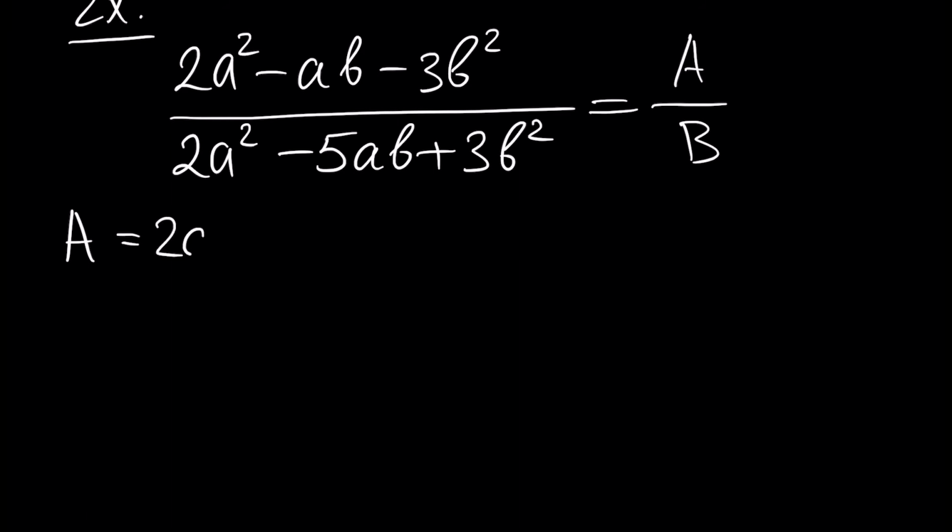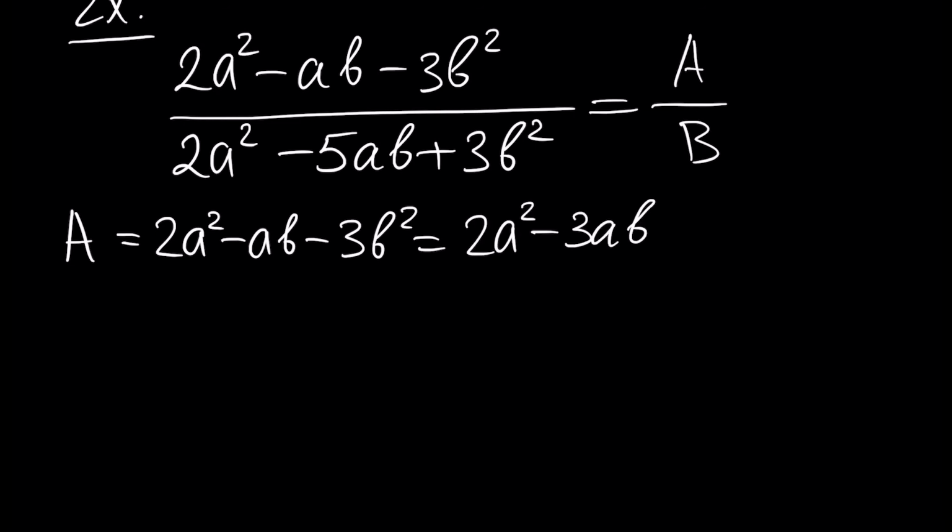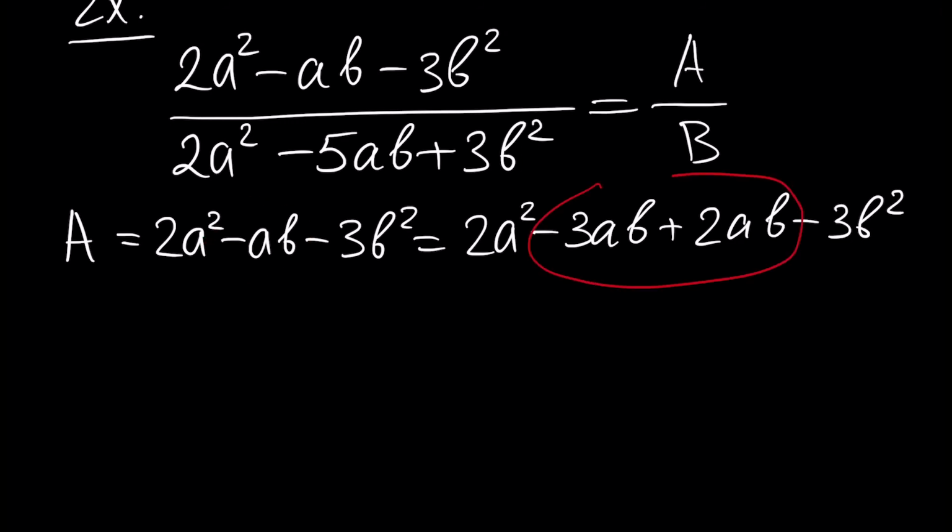If we rewrite it, this is 2a squared minus ab minus 3b squared. And we can write it as 2a squared minus 3ab plus 2ab minus 3b squared. What we did here, obviously, is that minus ab is equal to minus 3ab plus 2ab.